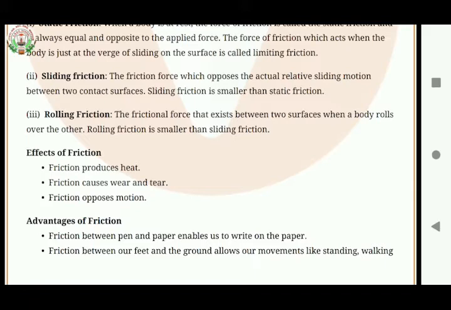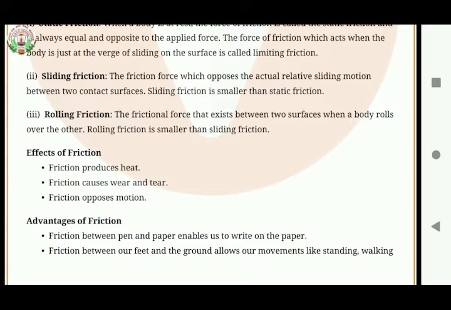When one object slides over another, the friction caused due to that is called sliding friction.